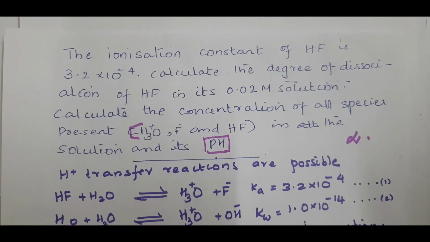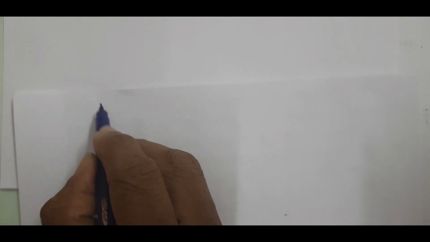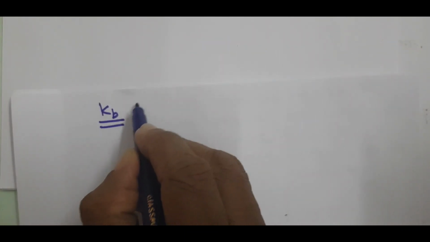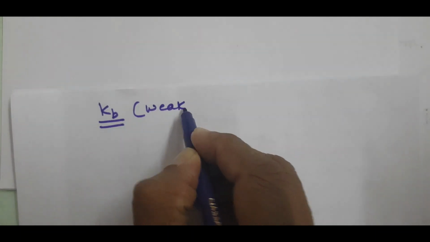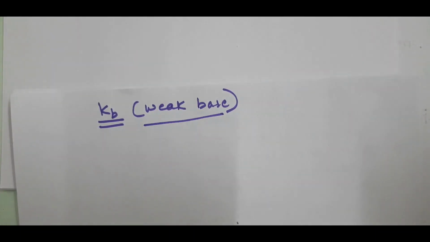Now in the same way, we can calculate the ionization constant of weak bases. Earlier we have done the ionization constant of weak acid. Now we will see the ionization constant of a weak base. So Kb, that is for weak base. For weak acid it is Ka, and for weak base it is Kb.